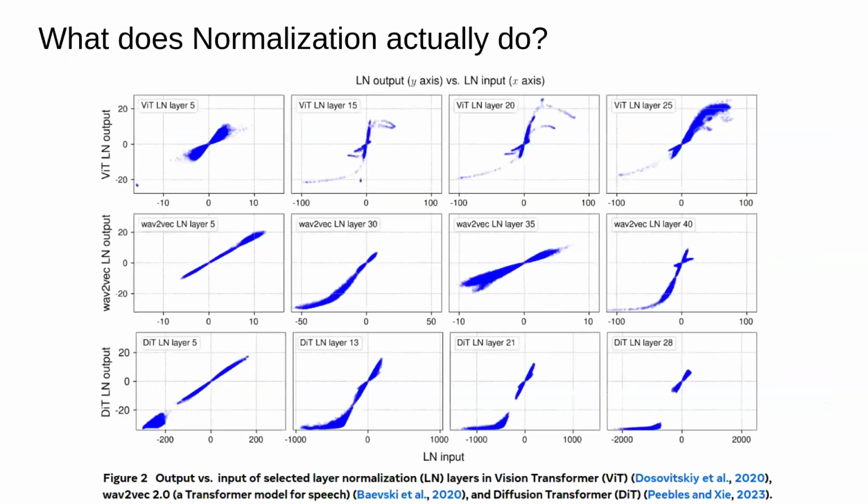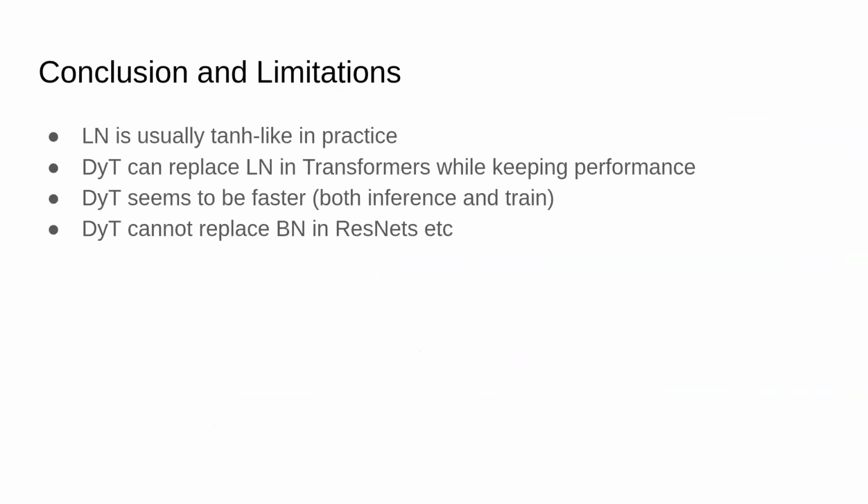I think it's a little bit more than that because they do show that what is happening in practice with the normalization is tanh-like. So it's not just trial and error. There is actually an empirically motivated intuition behind it, namely, what does normalization do in practice? It does a tangent-like operation, which then motivates this paper, namely trying out how we can use this fact to design a more efficient or simpler normalization layer, right?